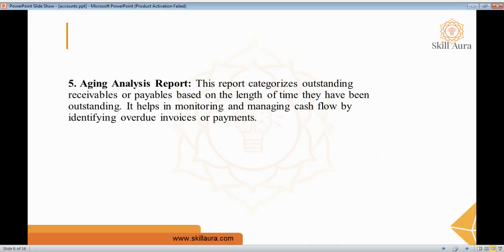And the last one is age analysis report.